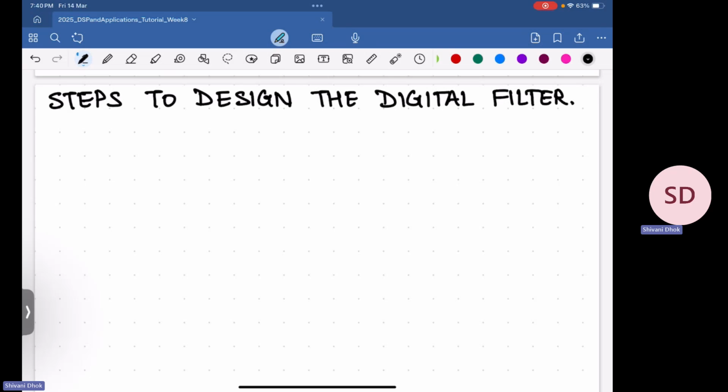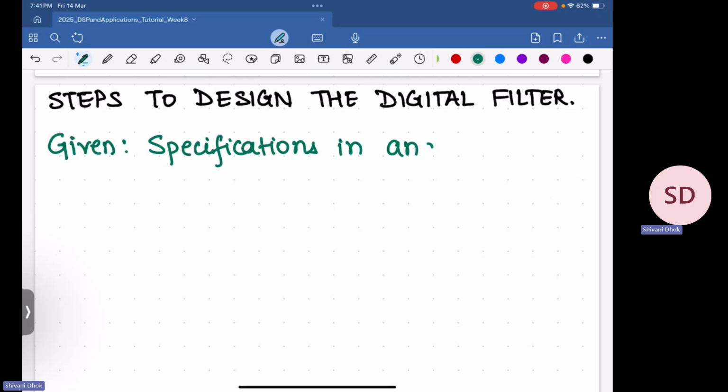So in this, what will be given to us? We will be given specifications in analog domain.